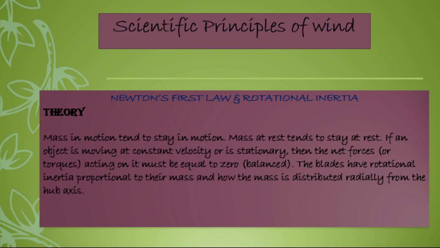Mass in motion tends to stay in motion, or mass at rest tends to stay at rest. That is, if an object is moving at a constant velocity or is stationary, then the net force acting on it must be equal to zero or balanced. The blades have rotational inertia proportional to their mass and how the mass is distributed radially from the hub axis.